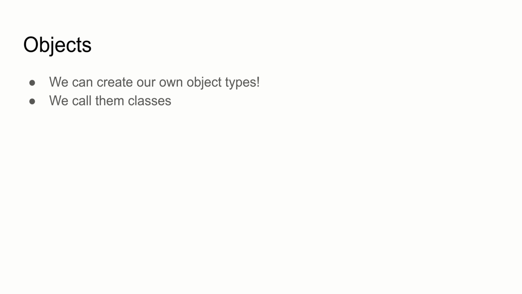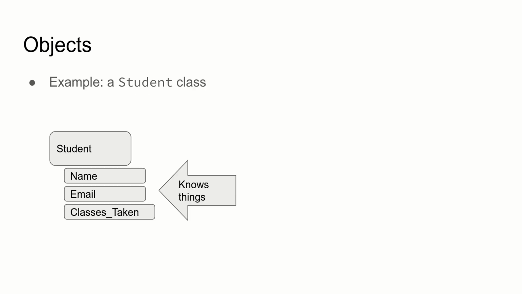you've got to think in a very abstract way when you're defining a class. Well, what's possible for a string to do? Or in the example we'll look at, what's possible to know about a student? And we don't always encapsulate everything that's possible to know about that student, but what's important to know about a student? Well, we at least want to know their name and their email and maybe a list of classes taken.